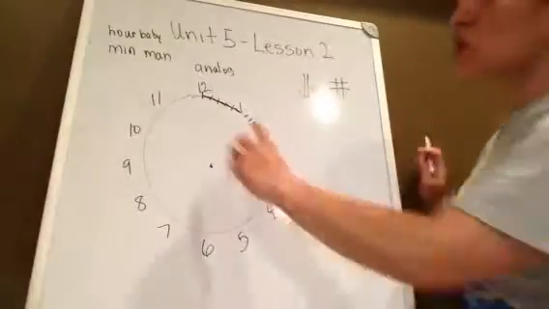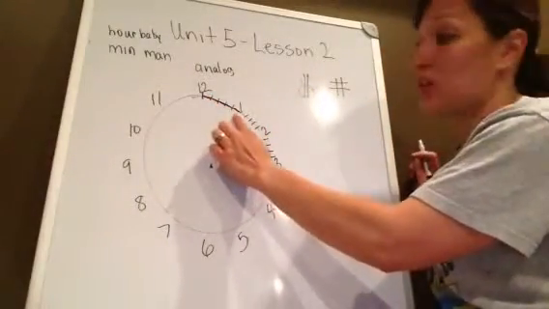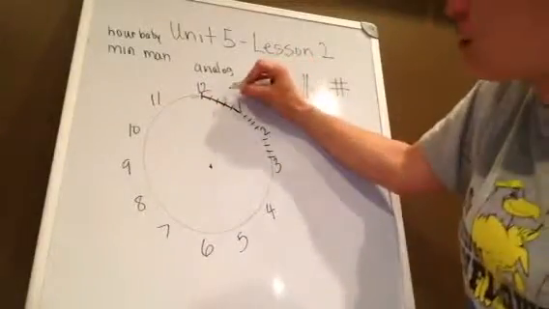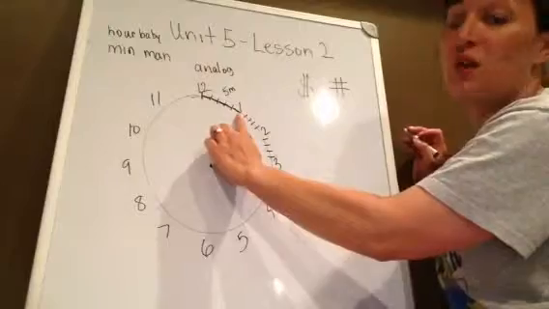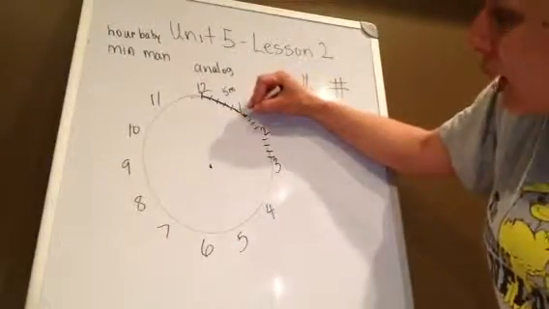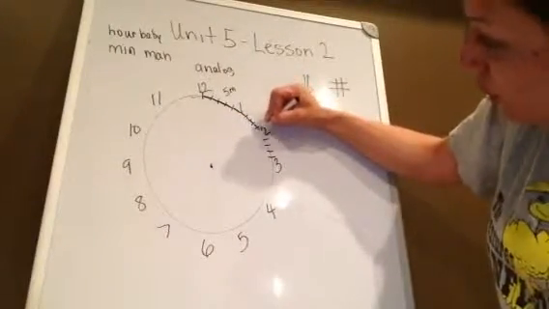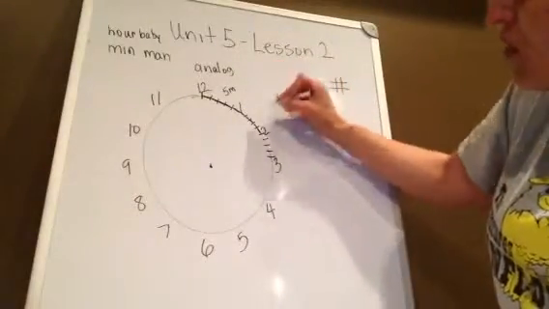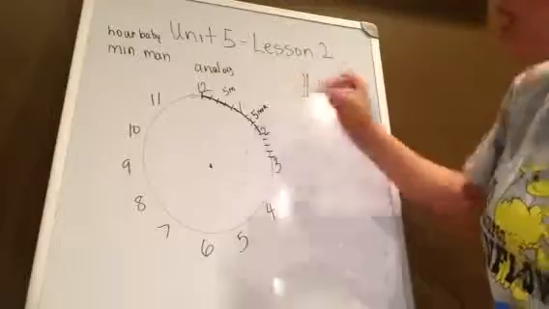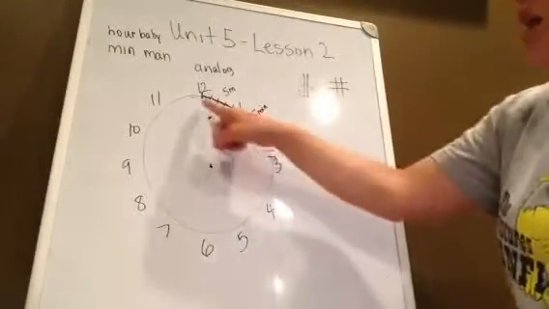So these are actually minutes that we're measuring. There are 5 minutes between this number and this number. 1, 2, 3, 4, 5. There are 5 minutes between this number and this number. And that's why when we count the clock, we count by 5.